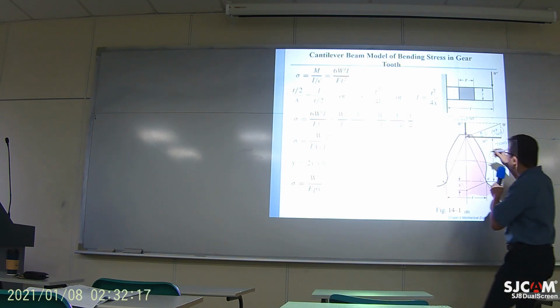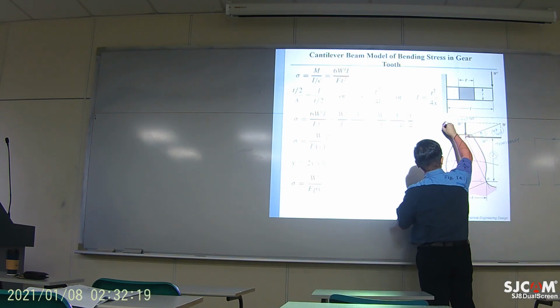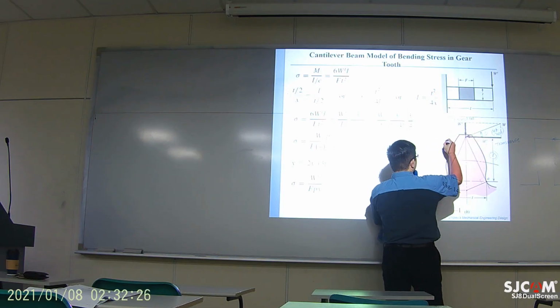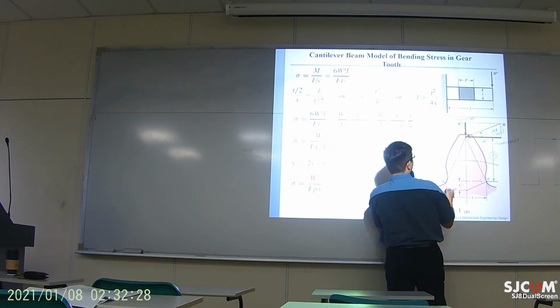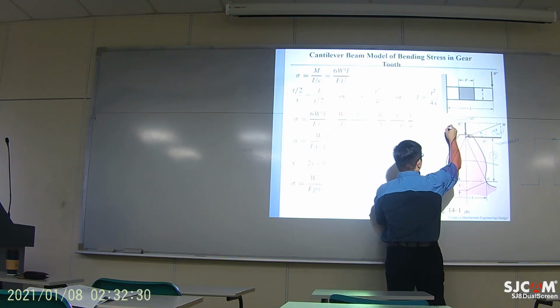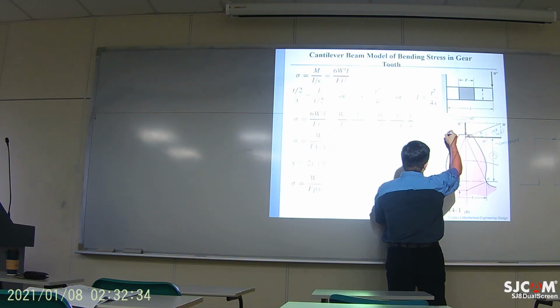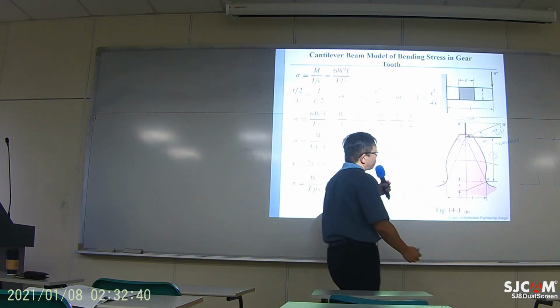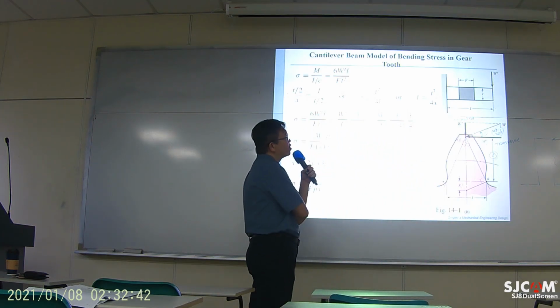So, a gear has a width, right? So we said this part is the face, right? And we mentioned the thickness or the width is called the face width, and we use the symbol capitalized F to represent the width.